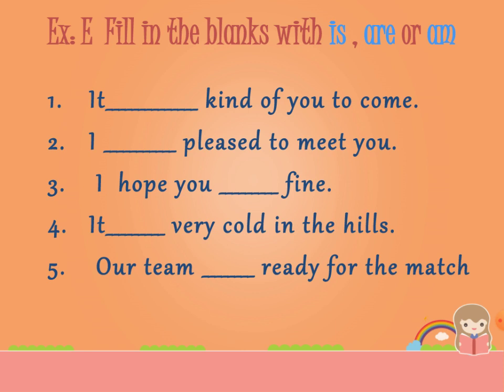First sentence, it. It is a singular subject. So we will use is: it is kind of you to come. I will take am. Yes, I am pleased to meet you. I hope you are fine.